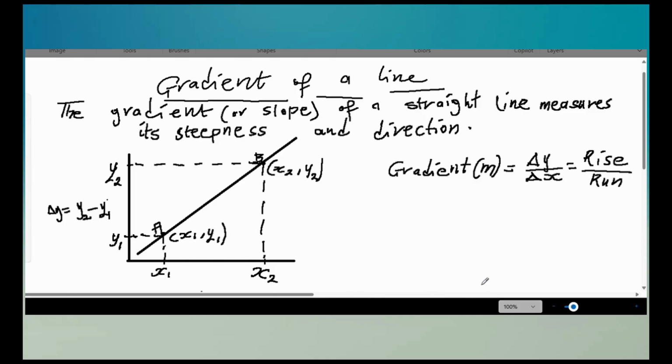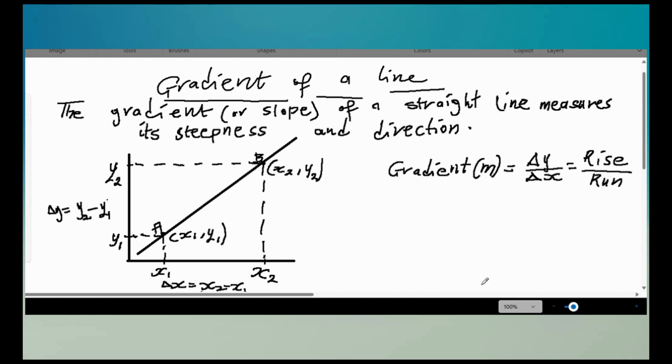2, right? And then we have the run, which is the change in x, and the change in x is going to be the difference between x2 and x1, which is x2 minus x1.